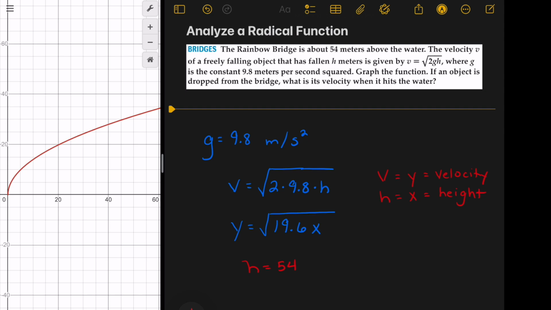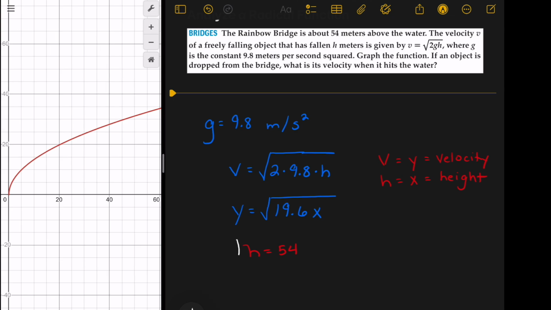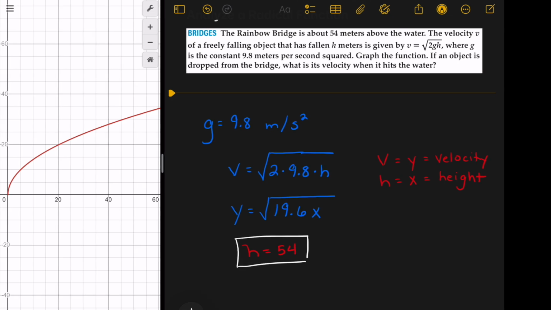Now, rather than just saying 30-ish, we can figure out exactly what that y value is by going back to our function and replacing the h with this value of 54, which is where the object would be dropped from, since the bridge is 54 meters above the water.